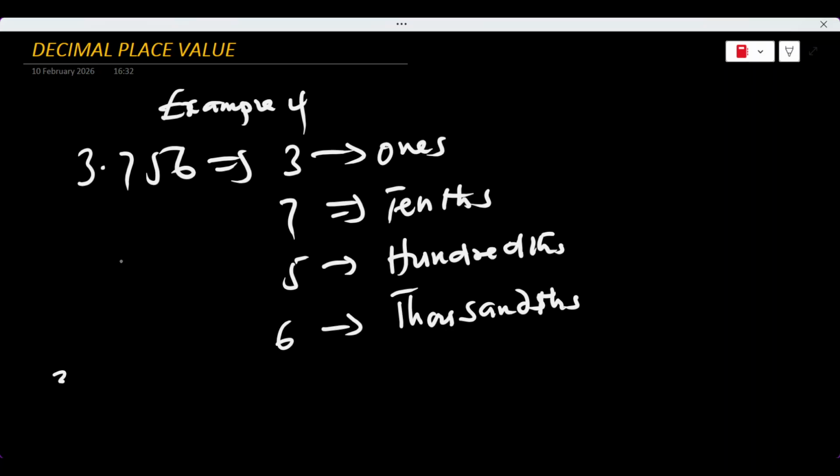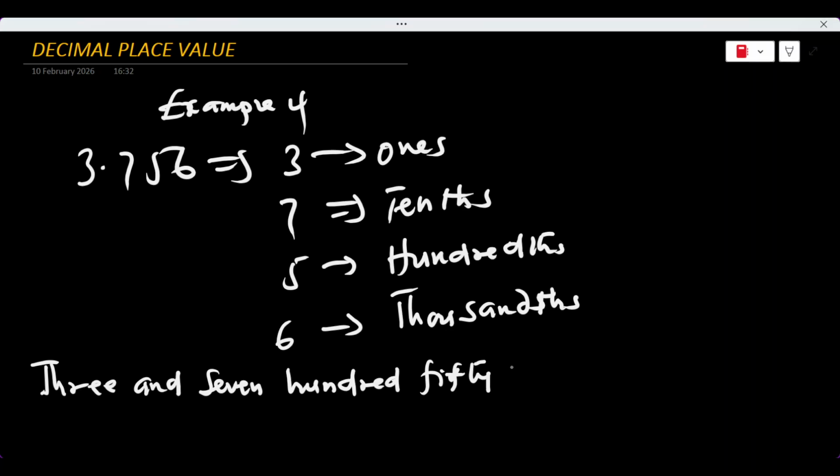We read it as 3 and 756 thousandths. You realize that we did not say 3 and 7 tenths, 5 hundredths, and 6 thousandths.